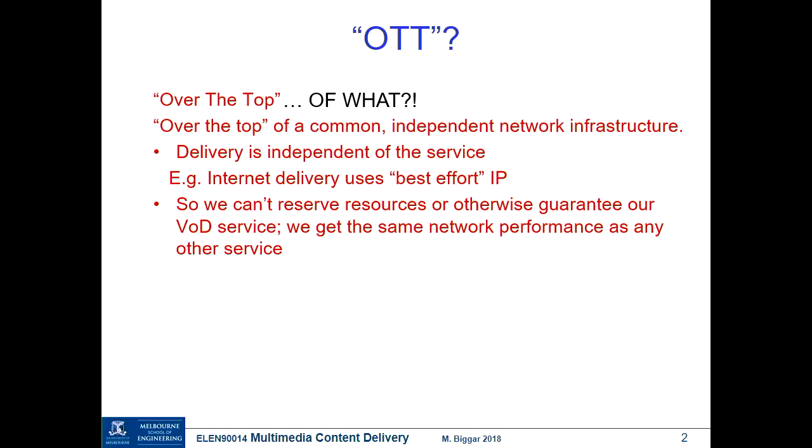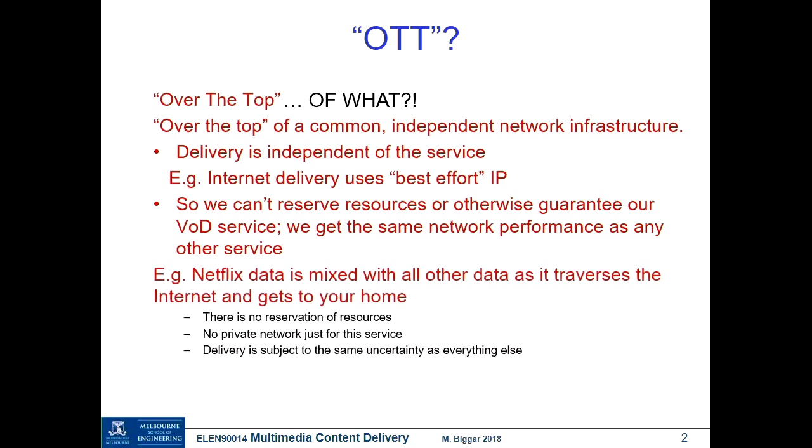There's this independence of the network layer, speaking very generally, from the provider of the service. So Netflix, for instance, is mixed up with all the other HTML retrieval packets and everything else that's running on the internet. There's no reservation of resources, no private network just for that service, and delivery is subject to exactly the same uncertainty as everything else.